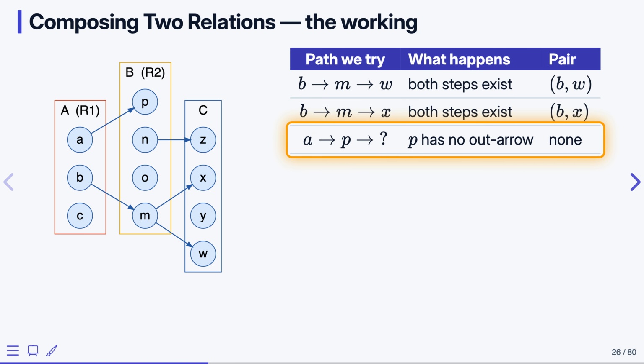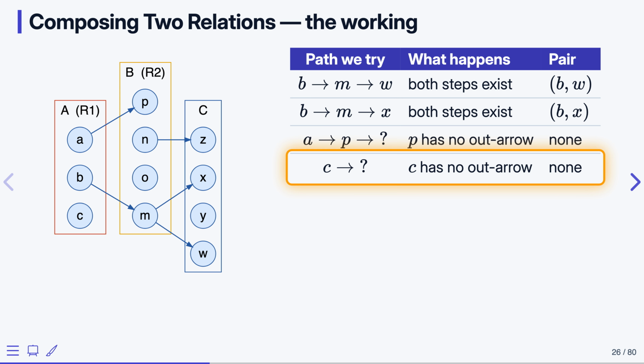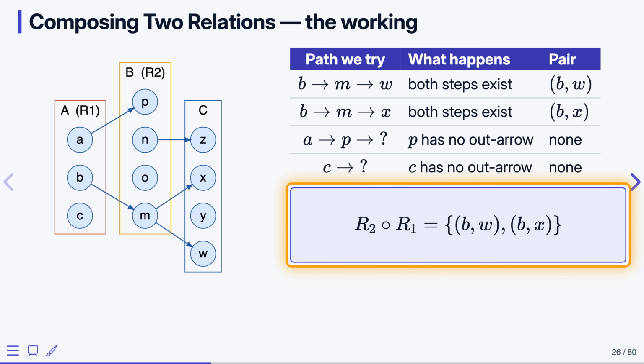Now try a. The arrow a-p takes us to p, but p has no arrow leaving it in R2. The path stops there, so it gives us nothing. And c, there is no arrow leaving c at all, so c gives us nothing either. So the composite, R2 ∘ R1, holds exactly 2 pairs, (b, w) and (b, x).